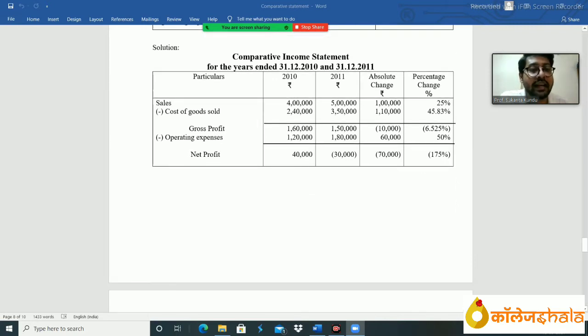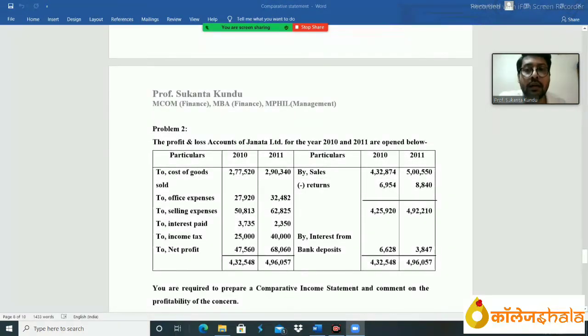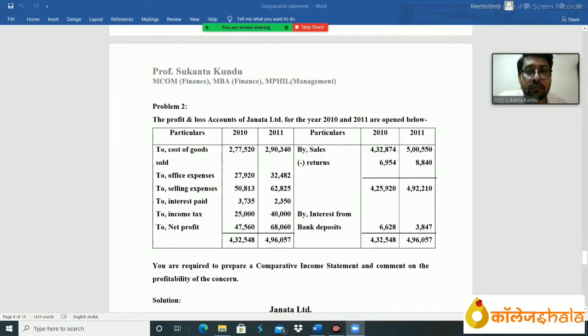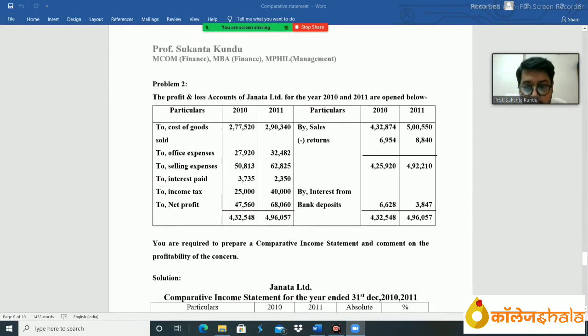Now coming to the second problem. Here a P&L account is given, and you can see the figures of 2010 and 2011. This is the debit side and this is the credit side. You are required to prepare a comparative income statement and comment on the profitability of the concern.